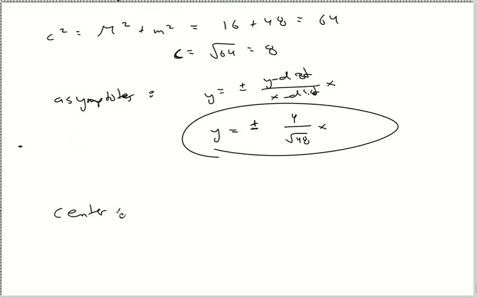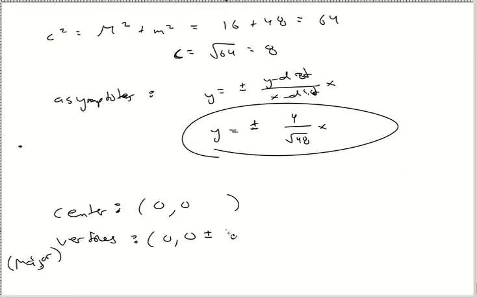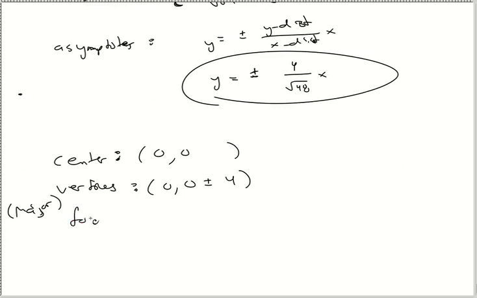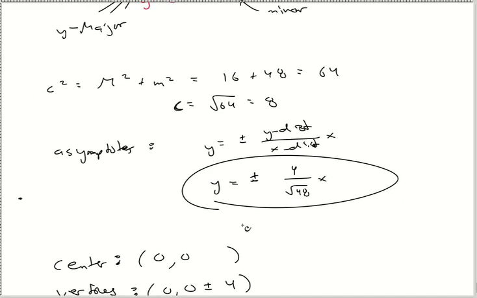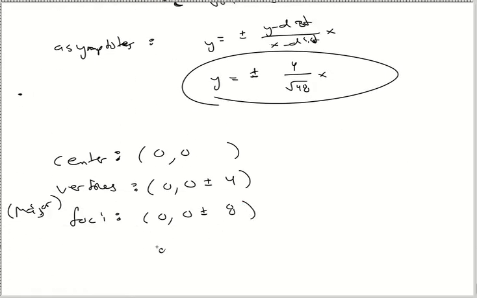Final answers. Center is at 0, 0. Vertices are always dependent on your majors. So then plus or minus, my major distance here was a 4. Foci are on the same axis as the majors, but it's a distance of c, which in this case was an 8.